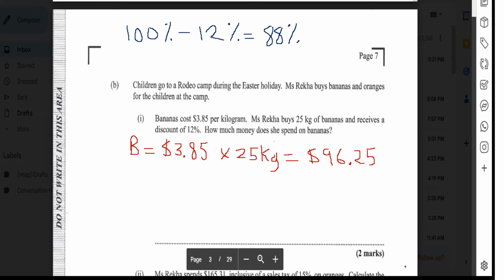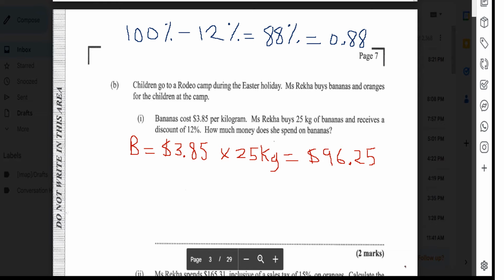And that 88% is equal to 0.88, moving from percentage to decimals.